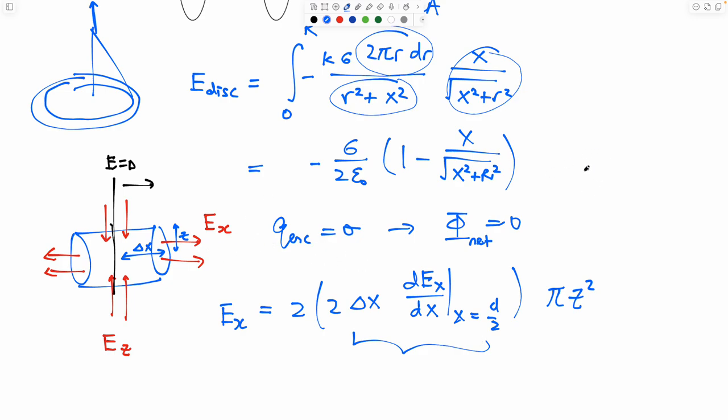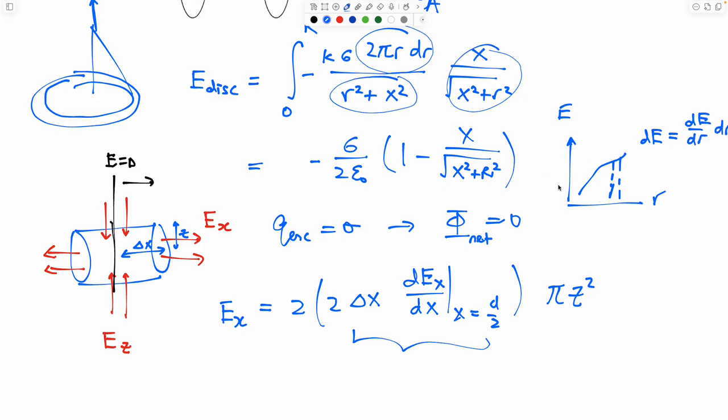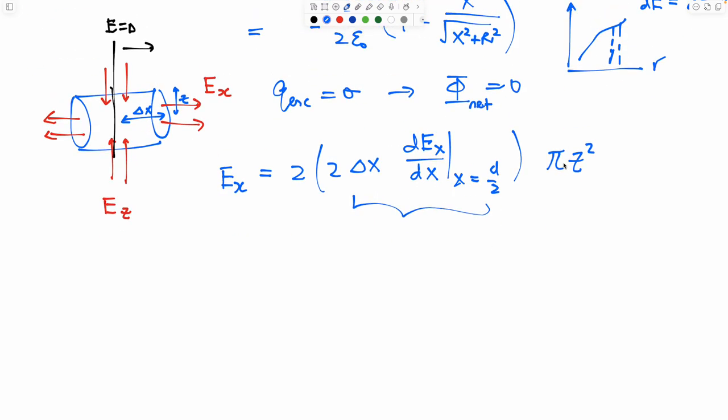If you have a function E, for example, against R, just generally speaking, then a small change dE is dE/dr times dr, correct? So a small change, basically.